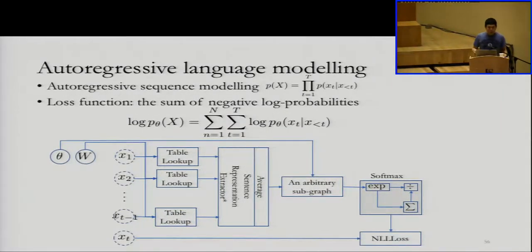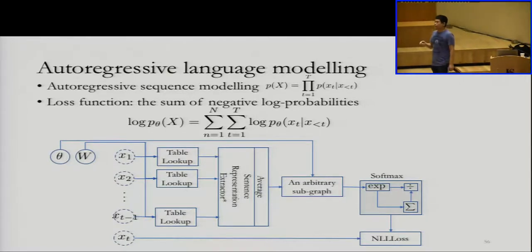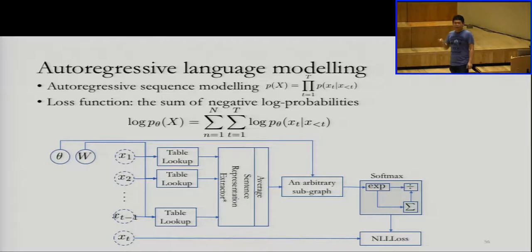So it's really straightforward. And how we talked about training this text classification module, which is to minimize the negative log probability of the correct answer given the input, or equivalently to maximize the log probability of the correct answer given the input, applies exactly here. This is going to be our loss function. And if you look at the objective, that's precisely what autoregressive modeling tells you to do.